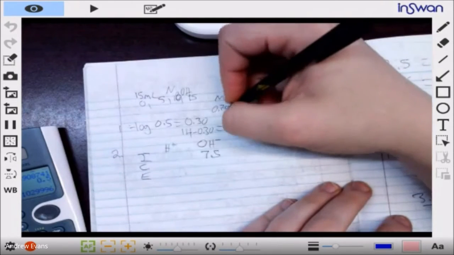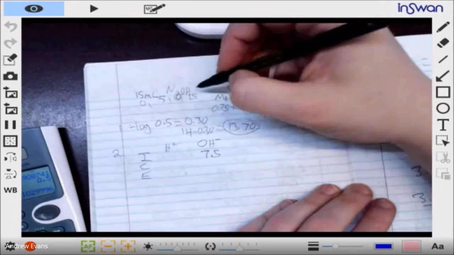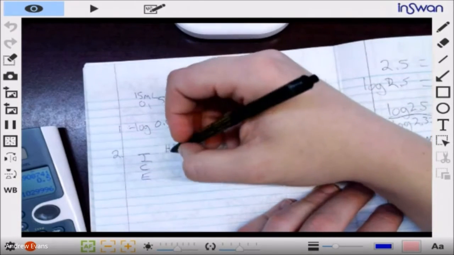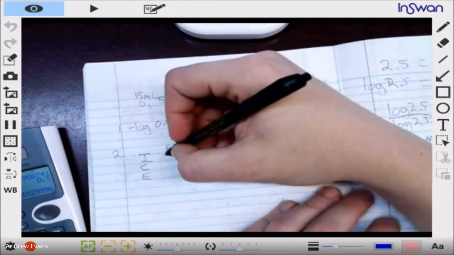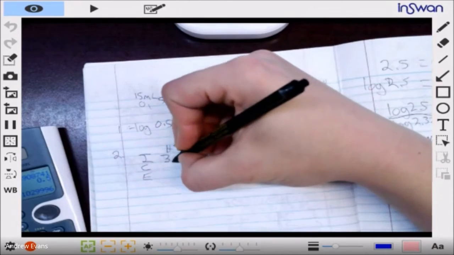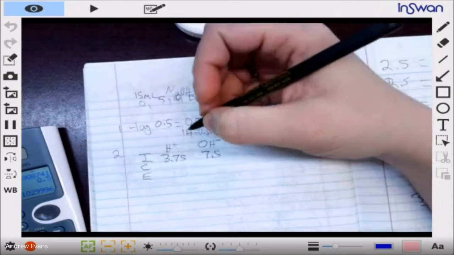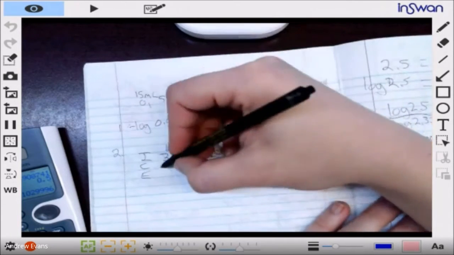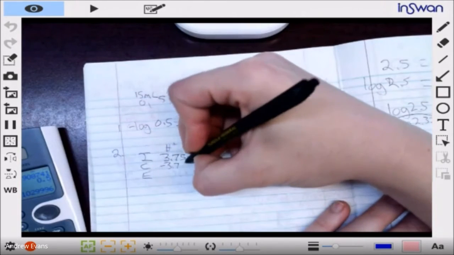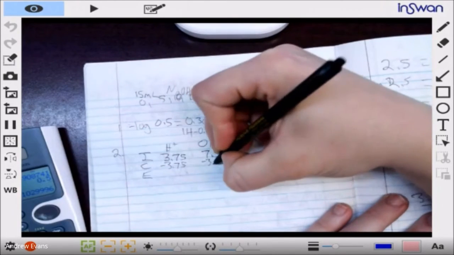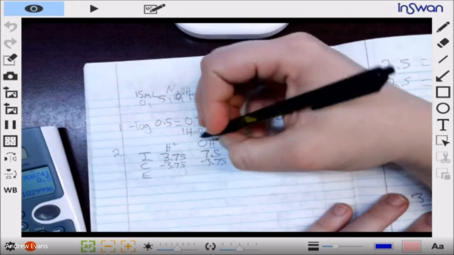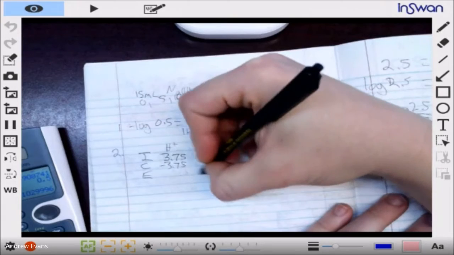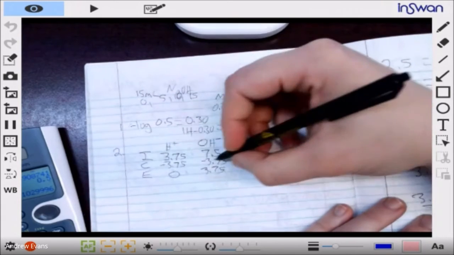Now, because 5 is half of 10, I can tell you right there, half of 7.5 is what? 3.75. When I subtract out 3.75, both sides, I'm going to get 3.75 and 0 amount of acid.